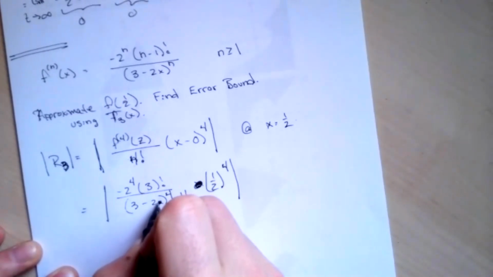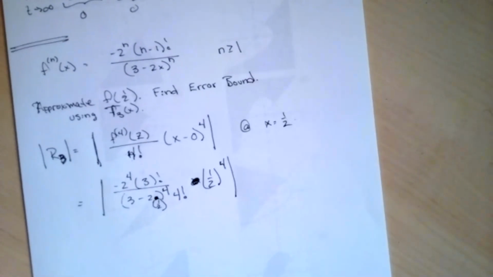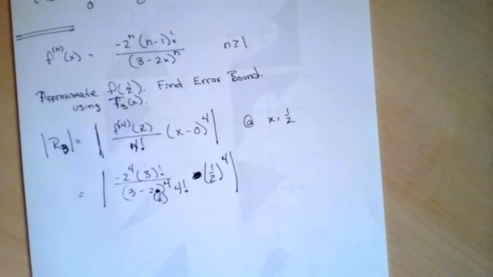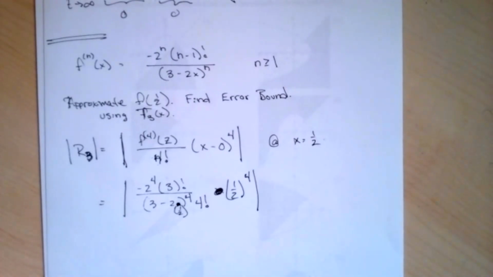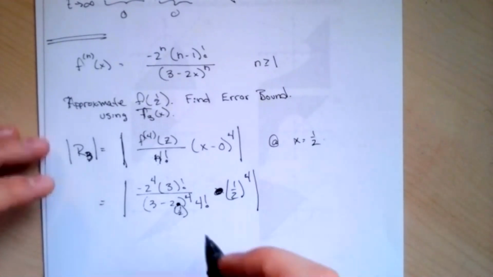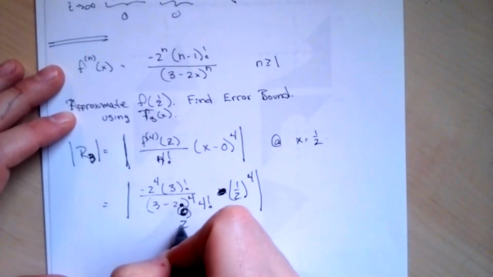And I forgot to put in the 1/2 here for that value of x as well. Oh, wait a minute. Sorry. That should be our z, since we want f^(n) of z. Let me rewrite that.